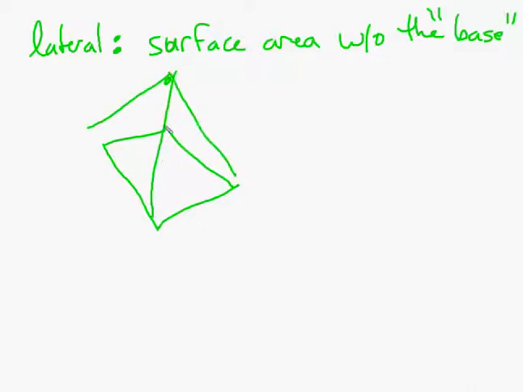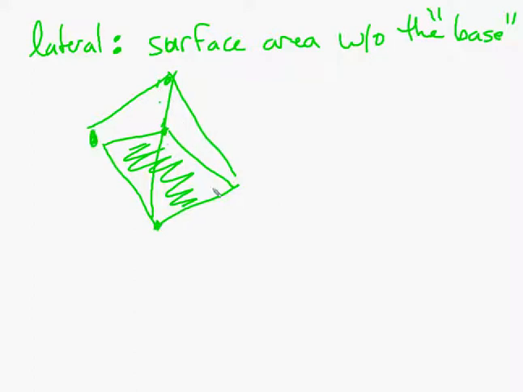If I want the lateral surface area, I do not want to include that square. It would be all the triangles without the square. When might I want that? Well, if I'm painting a house, I'm not going to paint the floor, right? I'm going to paint only the walls, so that would be lateral surface area.